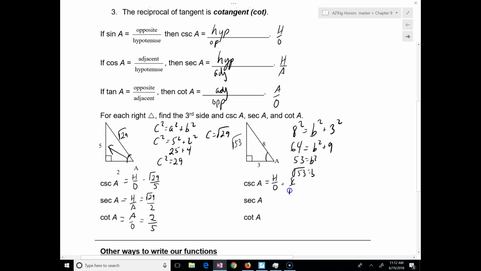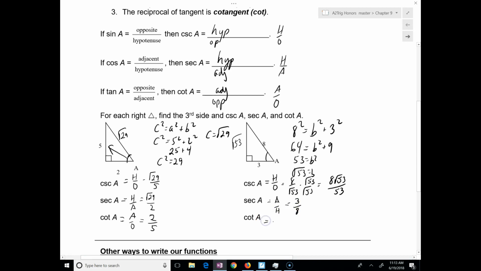8 over radical 53. So you multiply by radical 53 with radical 53, which is 8 radical 53 over 53. Ugh. It's okay. Secant, adjacent over hypotenuse. At least that's 3 over 8.